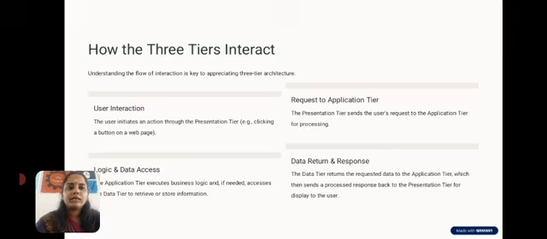The data tier returns the requested data to the application tier, which then sends processed data or responses back to the presentation tier to display to the user.